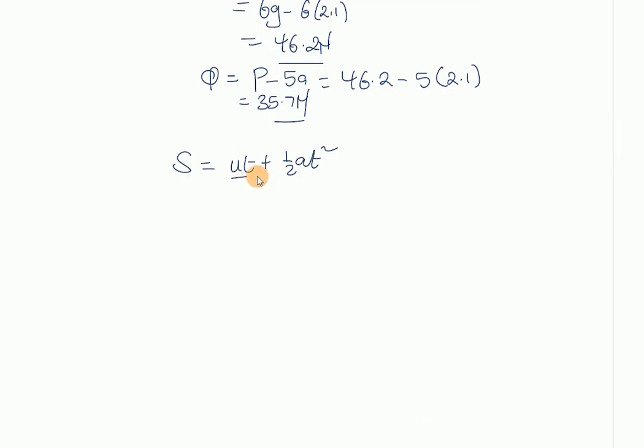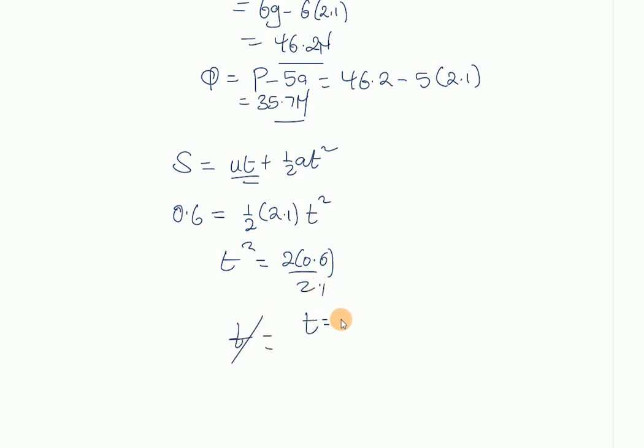It started from rest and has covered the distance of 60 centimeters. 0.6 is equal to a half times the acceleration, which was calculated as 2.1, times T squared. So T squared is equal to 2 times 0.6 divided by 2.1. Working out the square root of that, T is 0.756 seconds. That is the time it will take.